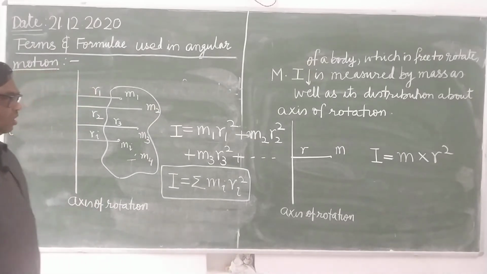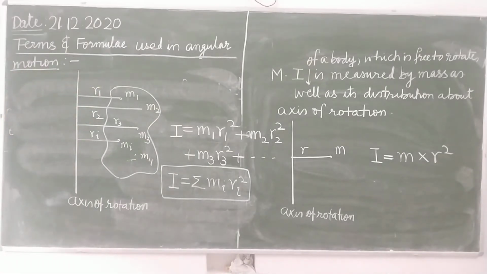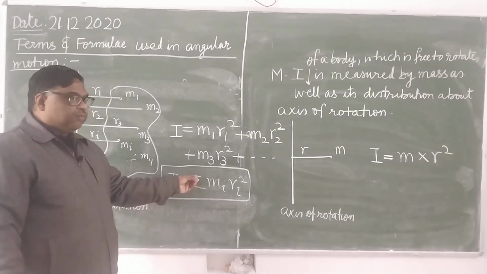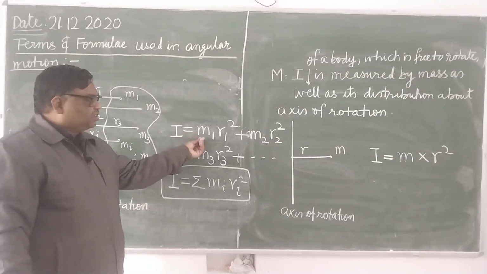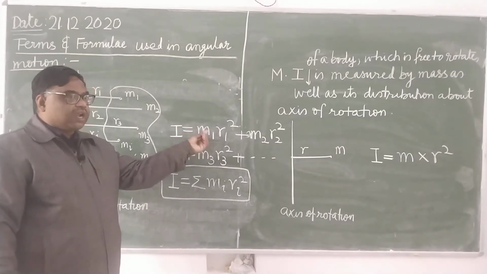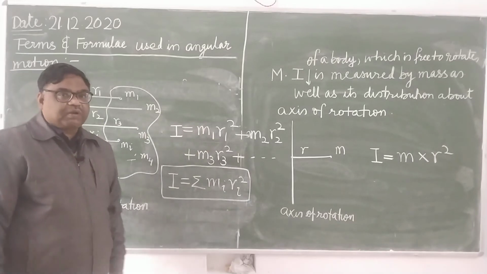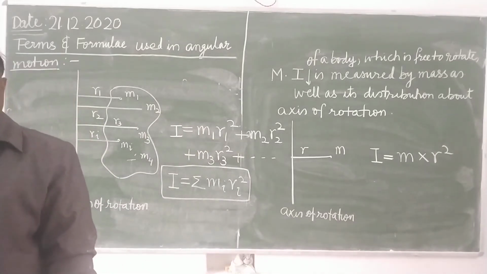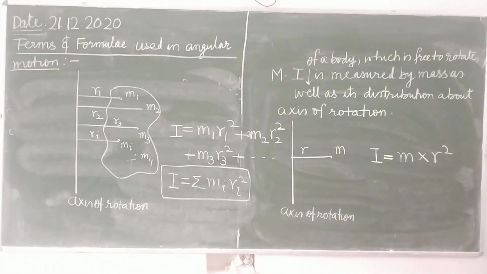Is it clear? What is the moment of inertia of a body which is free to rotate about some axis? It is equal to the sum of the products of masses of the particles and the square of their perpendicular distance from the axis of rotation. This way we can determine the MI of the body.